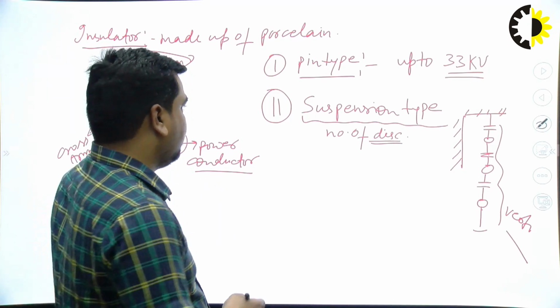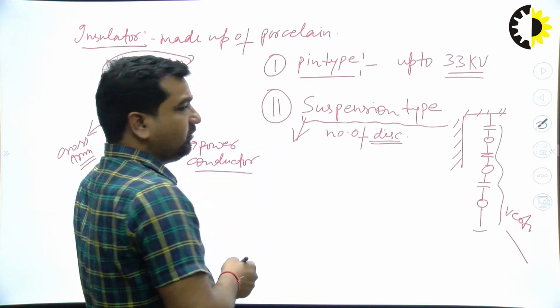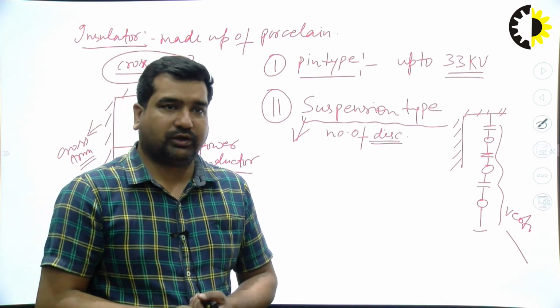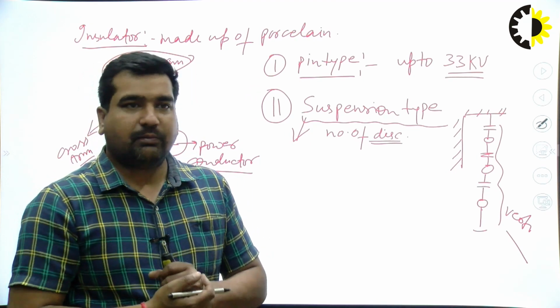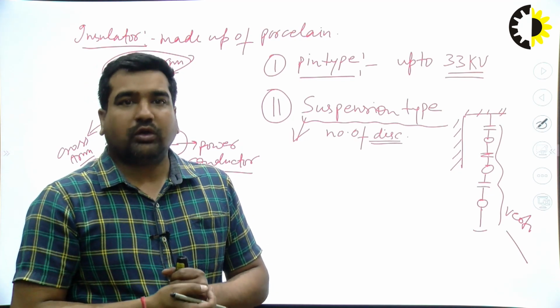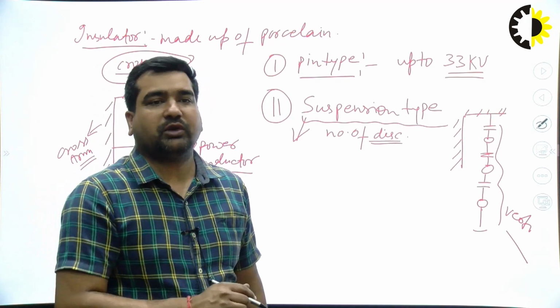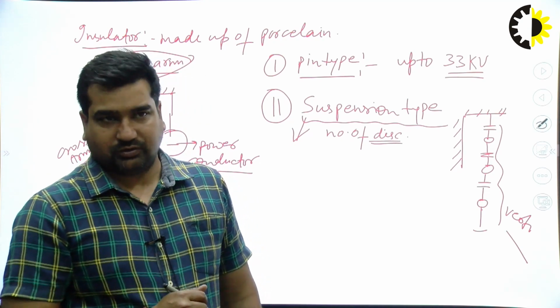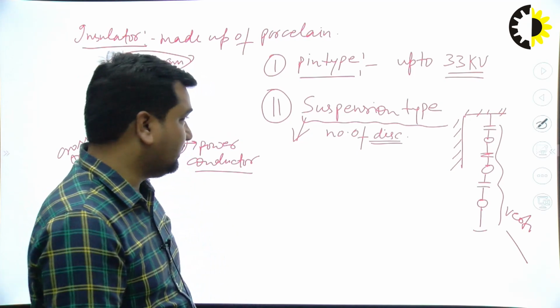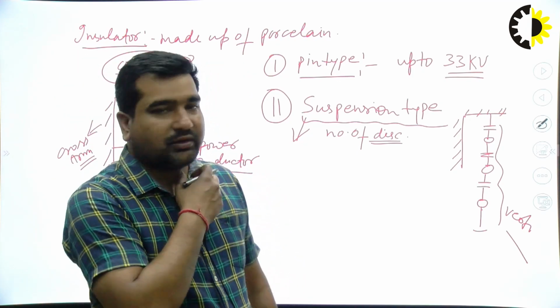The suspension type has a big advantage compared with the pin type. First, if any disc of this insulator is damaged, we only have to replace that particular disc, not the whole unit. We can easily replace that disc and normal operations go on.